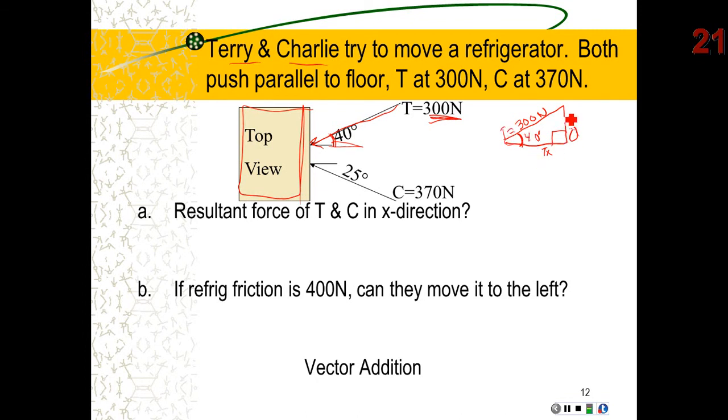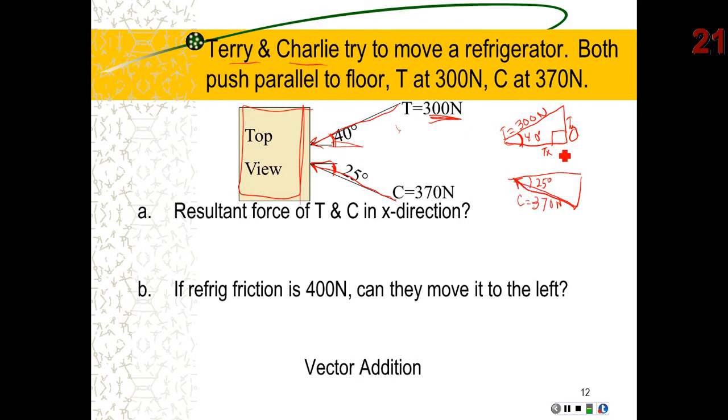Similarly, Charlie comes up and helps out because maybe Terry's not able to move it himself. Because of their body sizes, they have to separate out, and Charlie pushes at an angle of 25 degrees from the horizontal. He pushes with a force of 370 newtons in this direction.